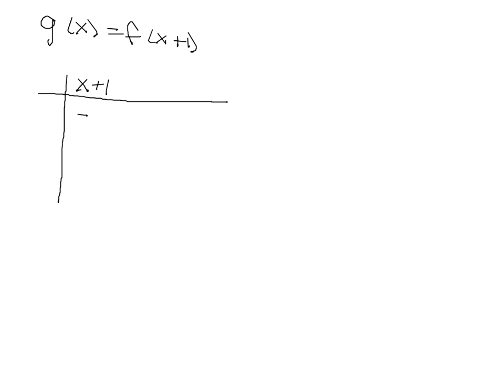So now let's look at g of x equals f of x plus 1. So I know what f of x is for -3, 0, 1, and 4. So those are the values that can go into f.